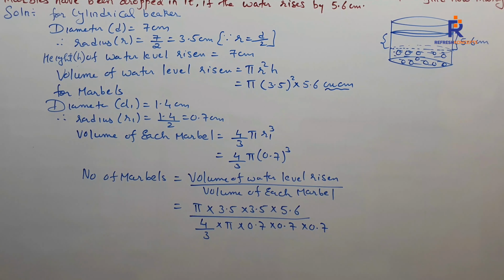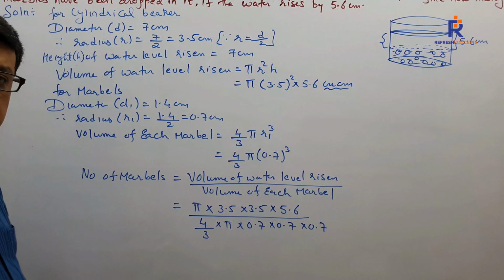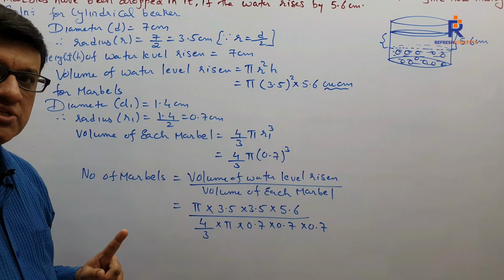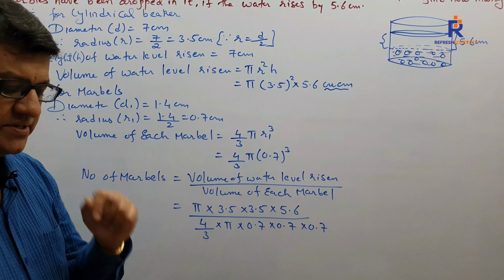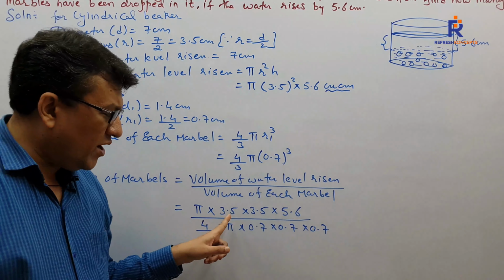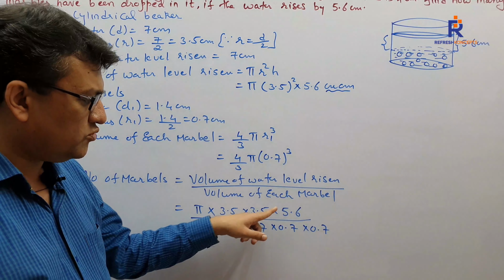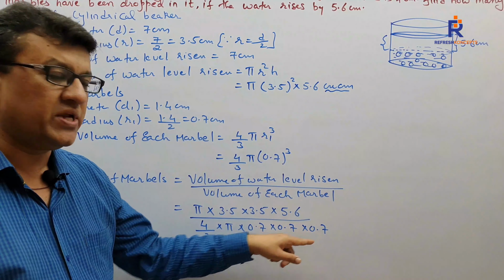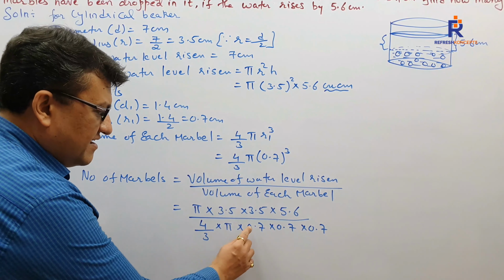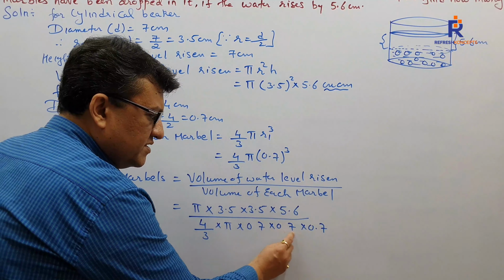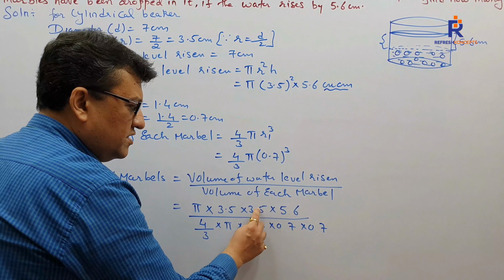Now children, one simple thing I am going to tell you in order to make your calculation easy. Though I have decimals, I'll check how many decimals I have: 1, 2, 3. Can I say I can ignore all the 3 decimals? Why? Here also and here also.